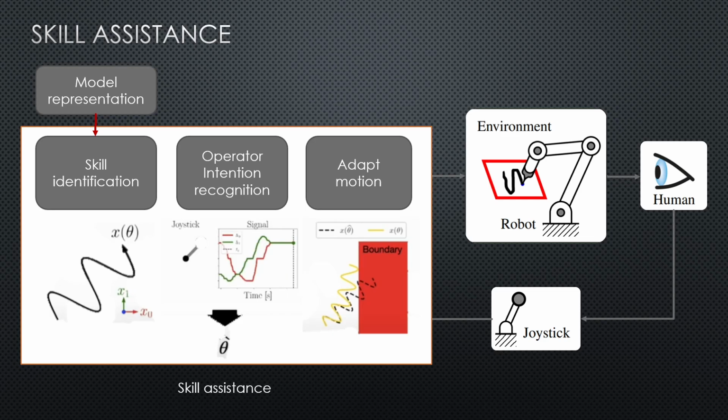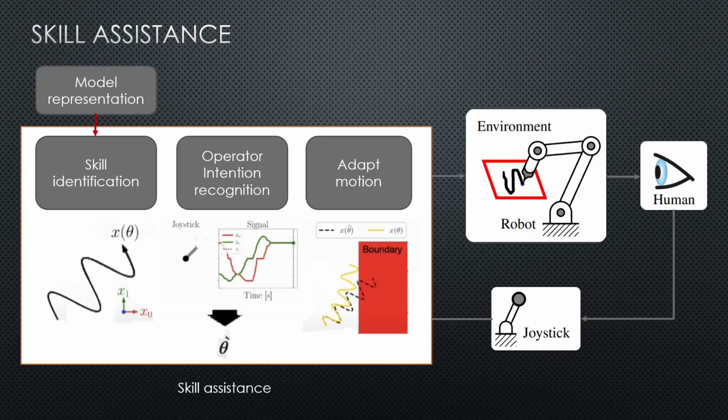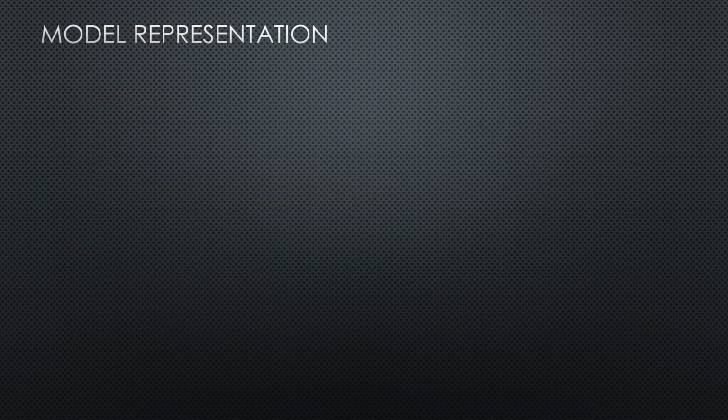Once a skill is identified, the operator's intention is recognized based on the joystick movement. We also want to adapt the motion of the robot to any changing obstacles, whether it's a boundary or a dynamic obstacle of any kind. So this is the core idea. Now I'll cover each of these individual steps in a little bit more detail.